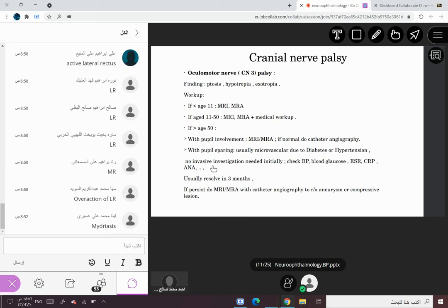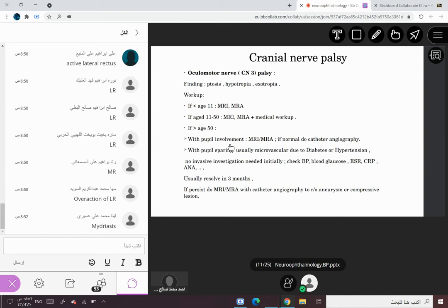In these patients, if the pupil is involved, most people call it surgical third nerve palsy, but we can call it pupil-involving third cranial nerve palsy.